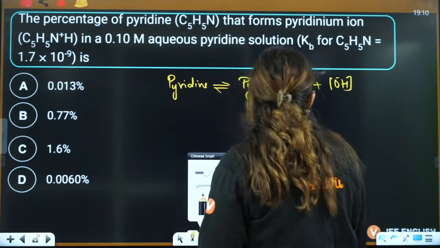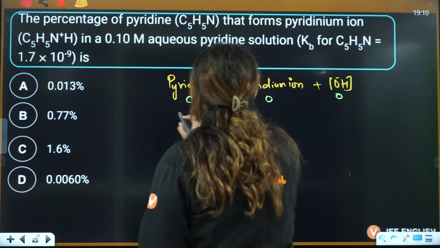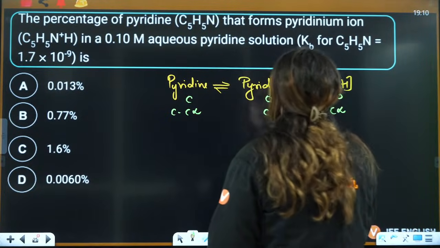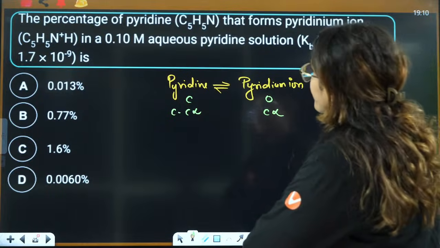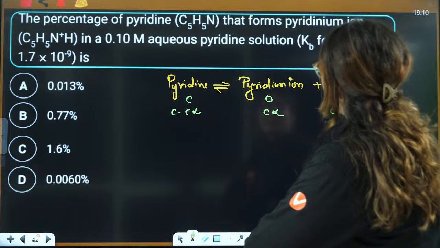And they are asking about the percentage of pyridine. That means initially it is C, 0, 0. This is C minus C alpha, this is C alpha, this is C alpha. Remember one thing, they are asking the percentage of pyridine that forms pyridinium ion.